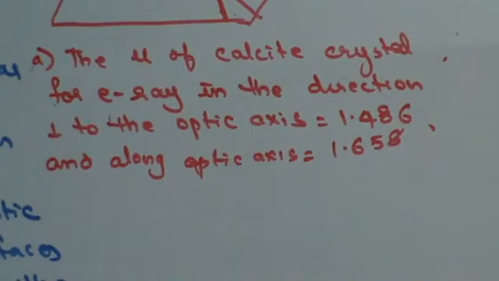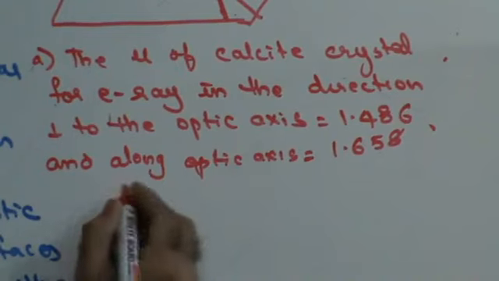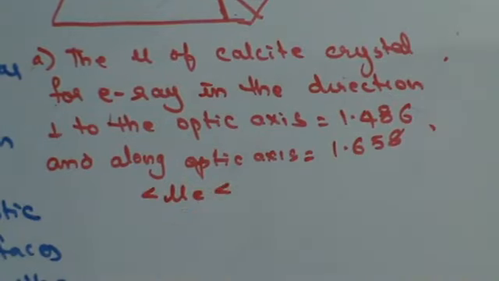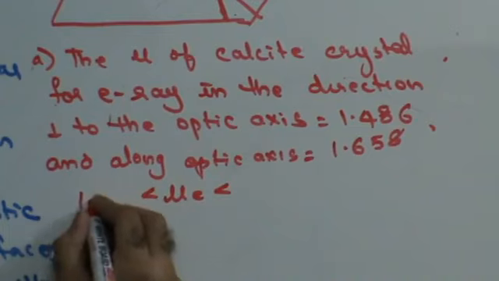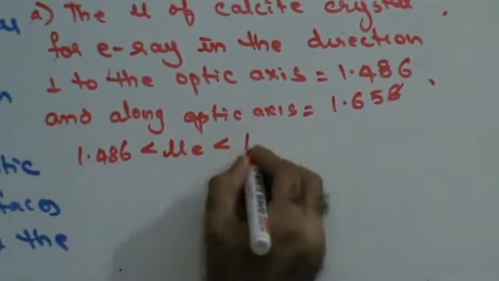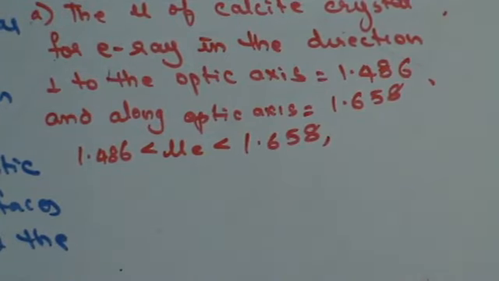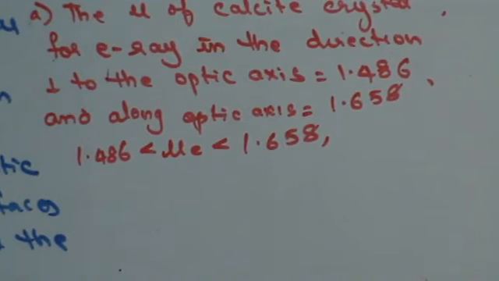That means the refractive index of the extraordinary ray varies between 1.486 to 1.658 depending upon the direction of the extraordinary ray. So that's the minimum and maximum refractive index that the extraordinary ray is going to have. Fine.